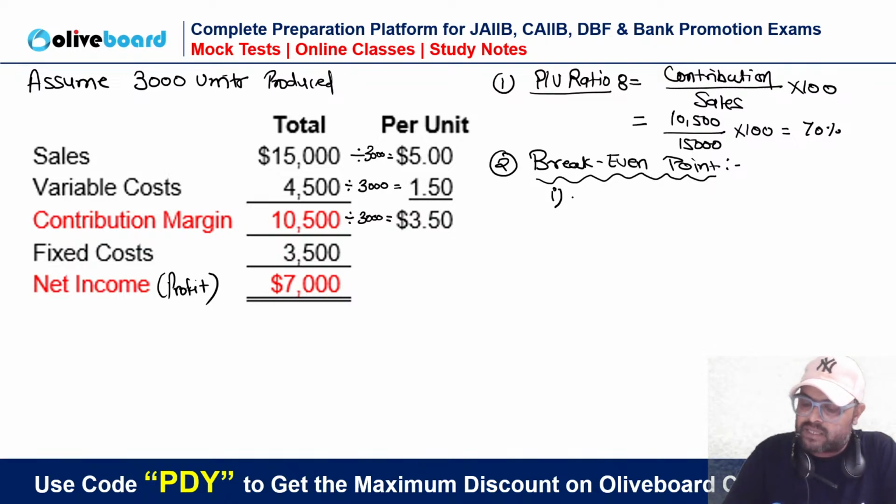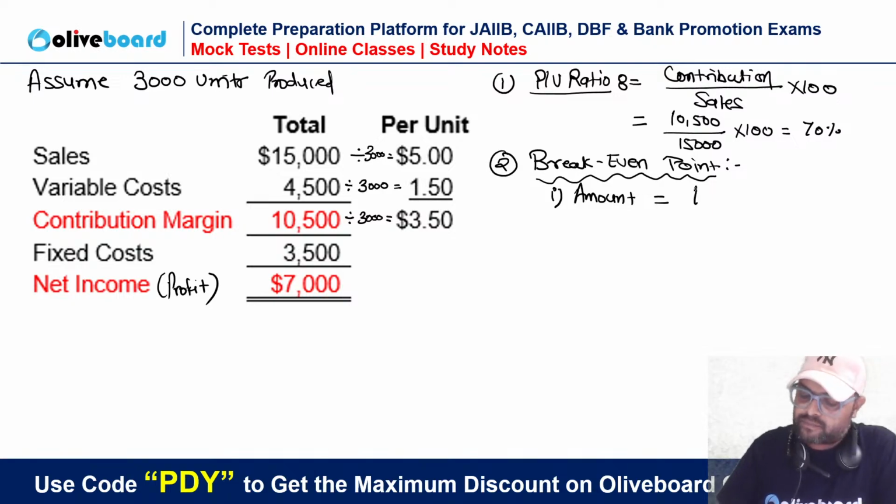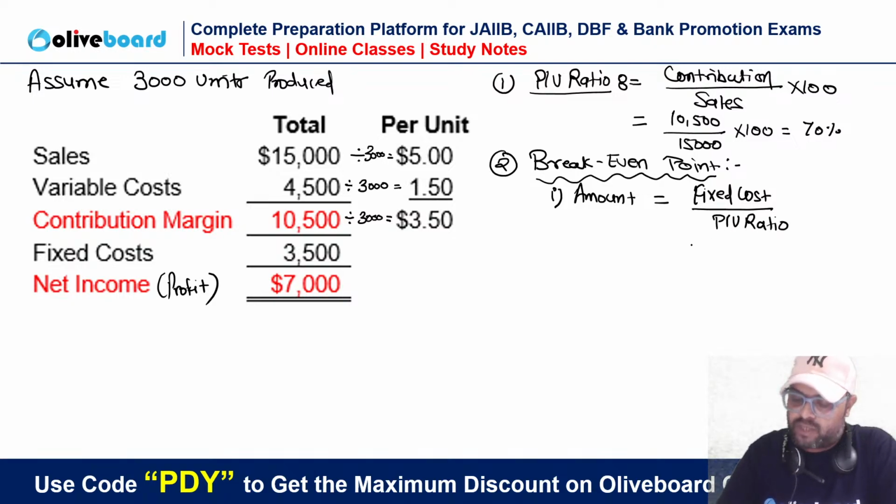If they ask in amount, the formula is again very simple: whatever fixed cost you have, divided by the PV ratio, which we calculated in the first calculation.